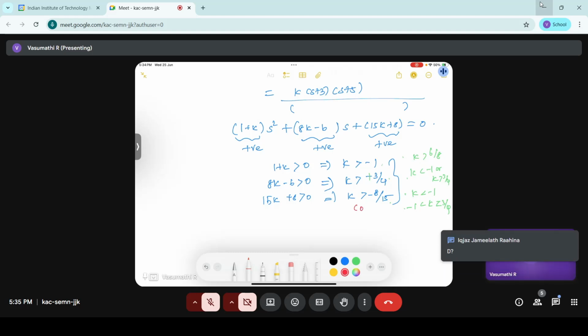8 by 15 would be 0.533, right? 3 by 4 would be 0.75. Now come to a conclusion. Which option should match better?